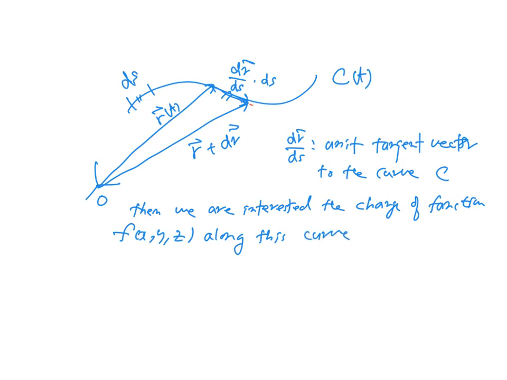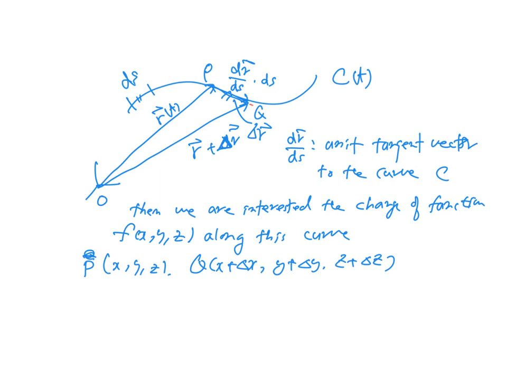So this is P, this is Q. So this is r plus delta r. The point P is x, y, z. And Q is x plus delta x, y plus delta y, z plus delta z.